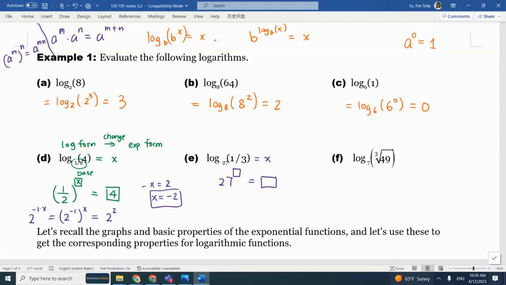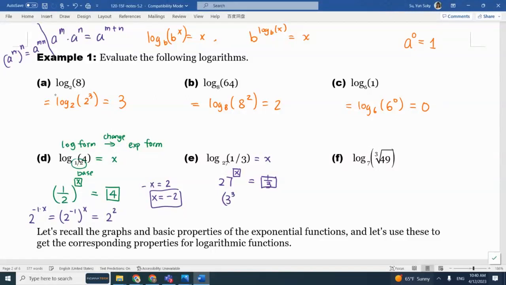Yes, everybody? So x. And then where do you put the 1/3? Yeah, output. Okay. Do you see both sides? They don't have the same base. You want to express as the same base. Then what is 27? 3 cubed. Yes, 3 cubed.